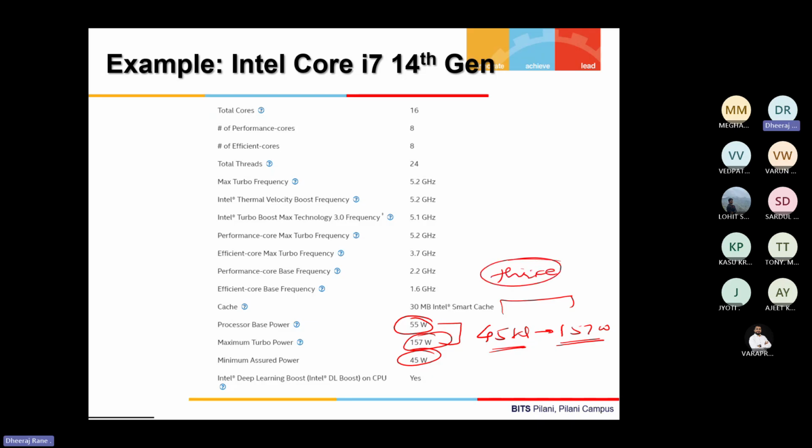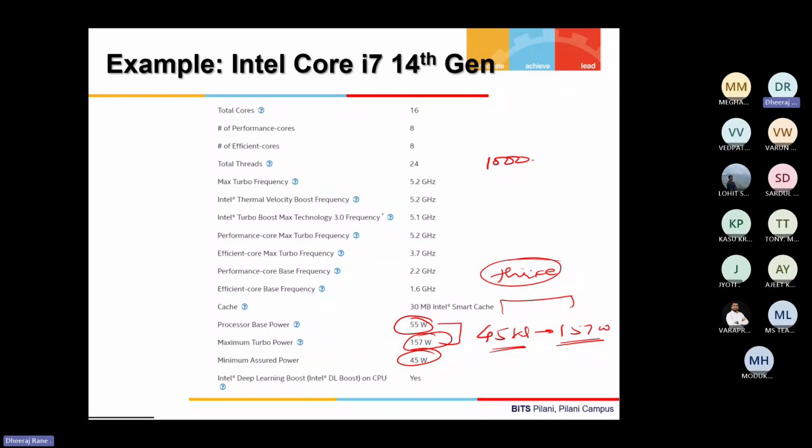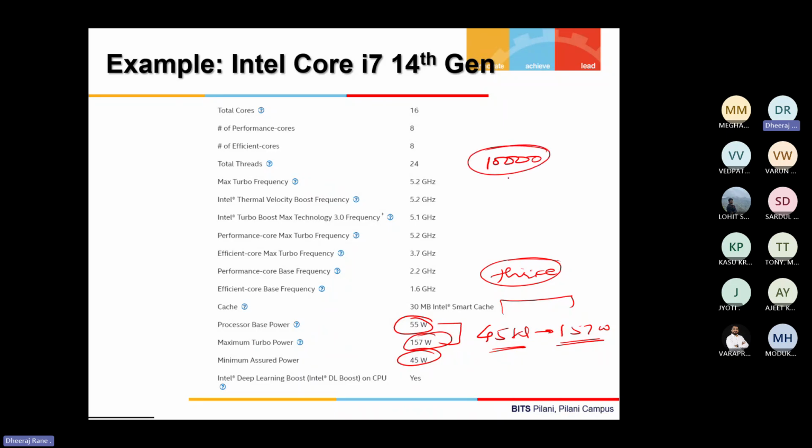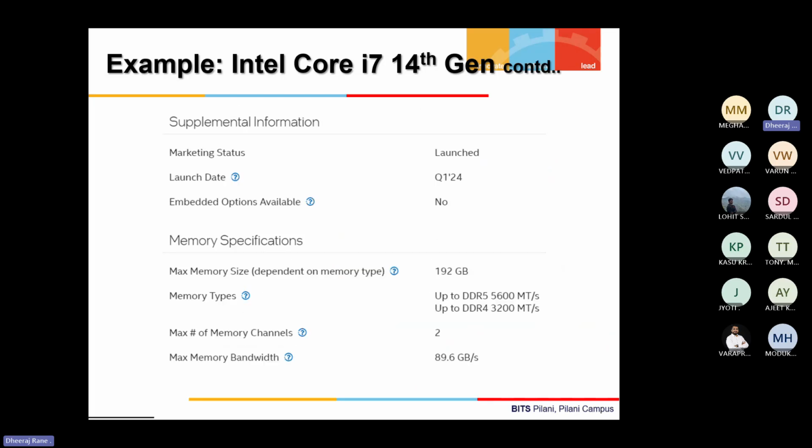In terms of our home electricity, it doesn't impact much, even if it is running at maximum speed. But when it comes to data centers with thousands of processors, this multiplier is huge, right? And for this purpose, the optimization is ultimately being done by the processor manufacturers, right?